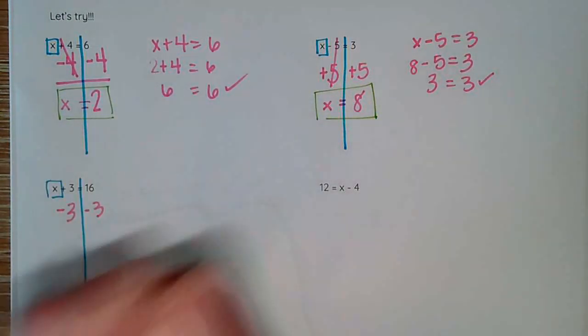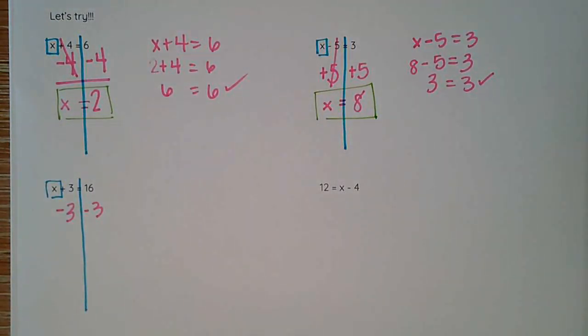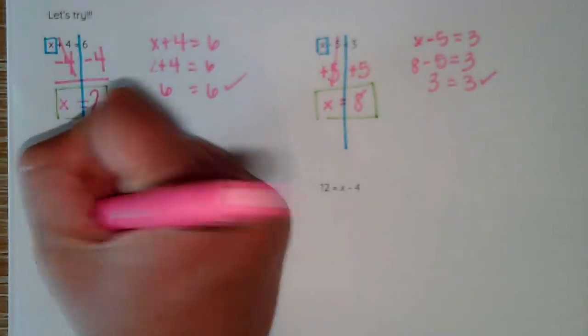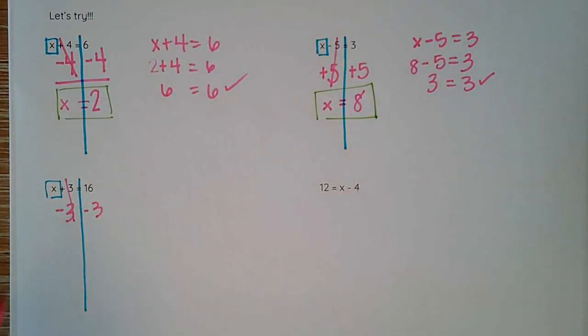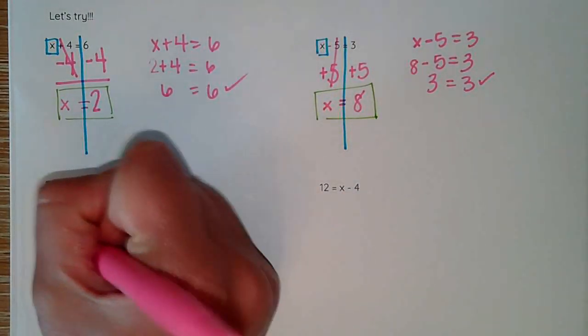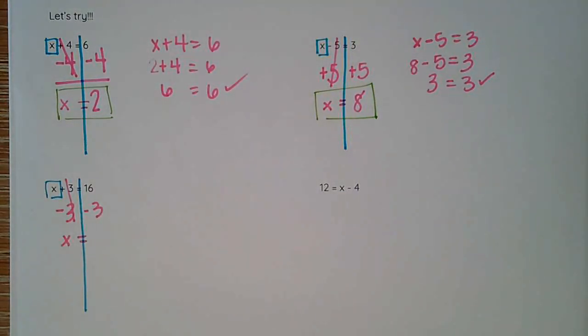I must subtract 3 on both sides. Plus 3 minus 3 cancel each other out. I'm left with only an x on this side. And then I need to solve. 16 minus 3 is 13. So I believe that my solution is x equals 13, but I must prove it.